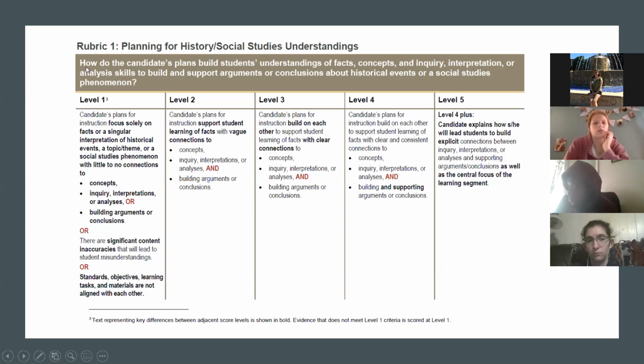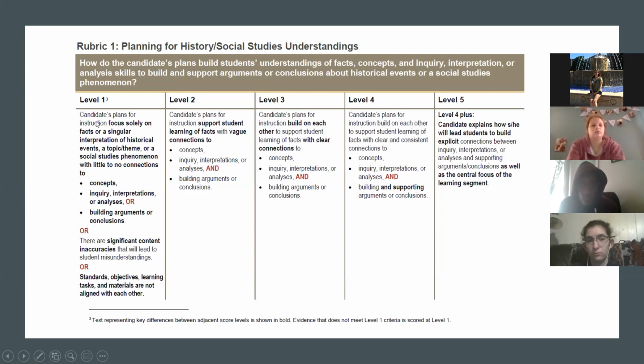So the first rubric they're going to grade you on is how do the candidates' plans build students' understanding of facts, concepts, and inquiry, interpretation, or analysis skills to build and support arguments or conclusions about historical events or a social studies phenomena. Okay, so that's unnecessarily wordy. What do they mean?